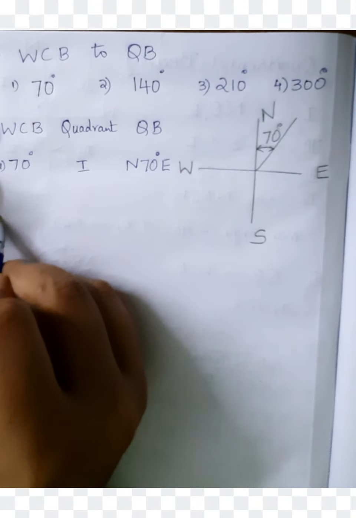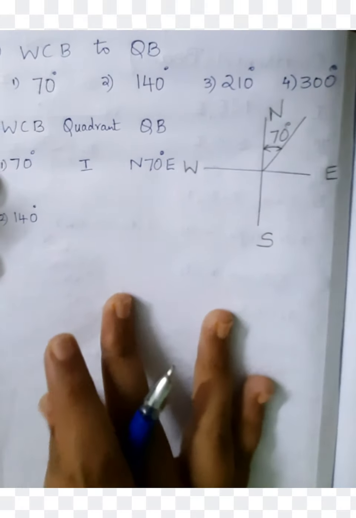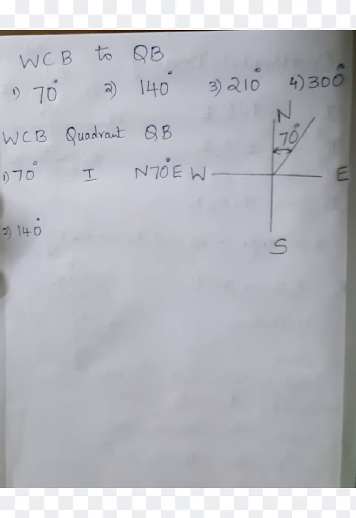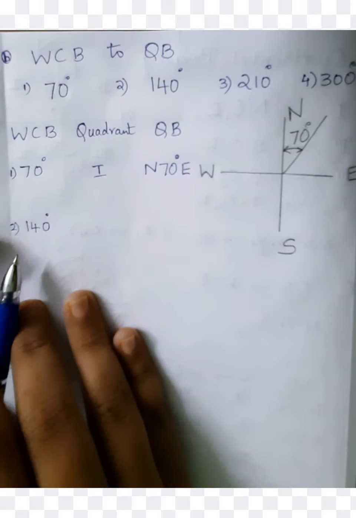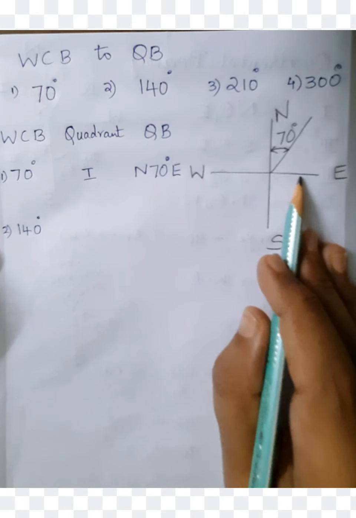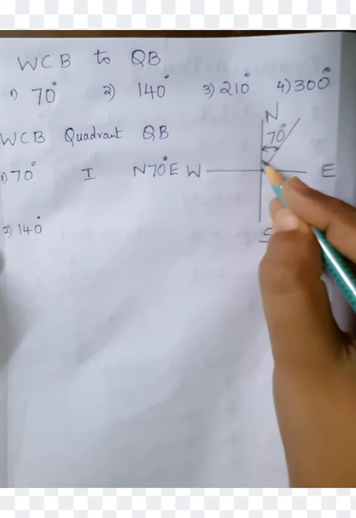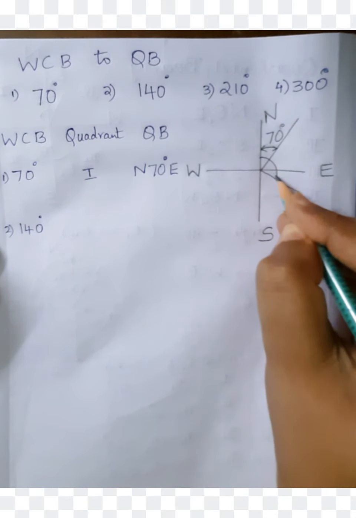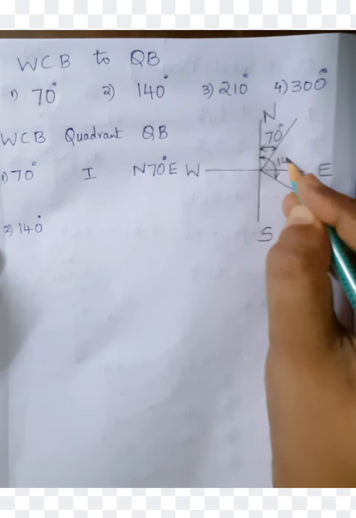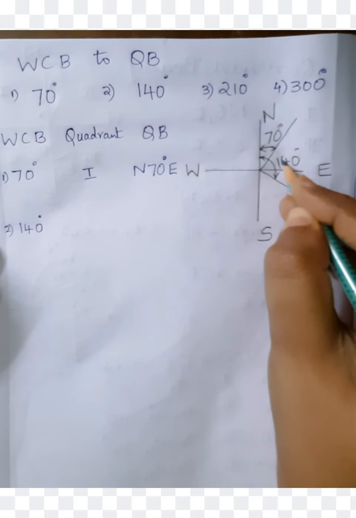Coming to the second one, 140 degrees. This falls in the second quadrant. From here to here is 90 degrees, and 140 we will get somewhere here. So this is 140 degrees in the whole circle bearing system. I have to convert this 140 degrees into a quadrantal bearing angle.